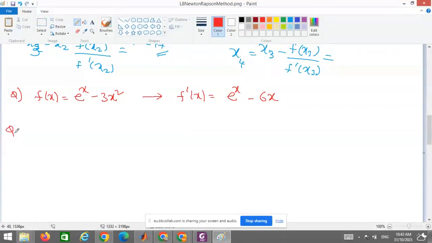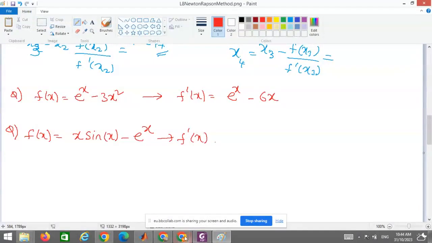Okay, and second question: x sine of x minus e to the x. Now you have to find f dash of x for this.